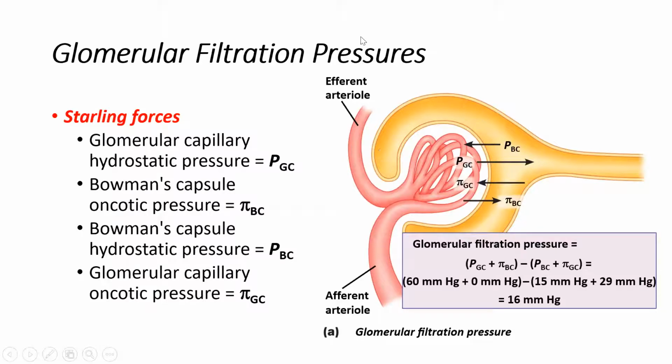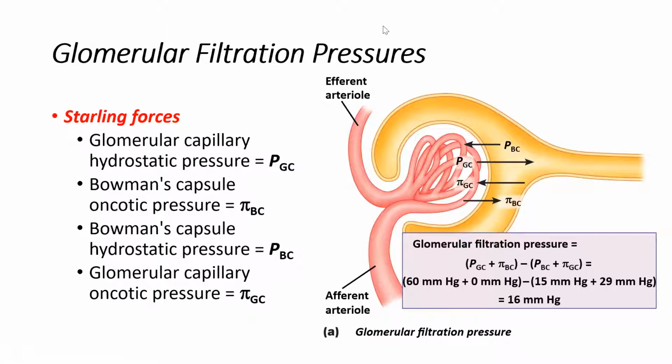So we're going to move on now to speak about the Starling forces that govern the movement of this protein-free plasma across the filtration barrier. You would have talked about the Starling's forces with Dr. Schlater.